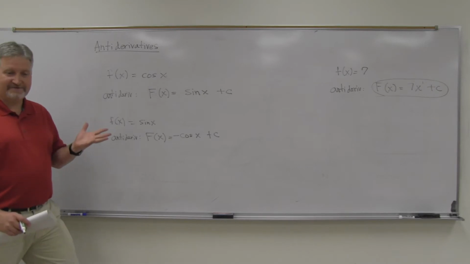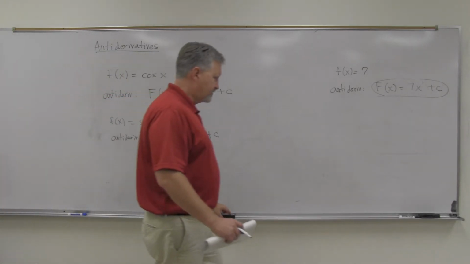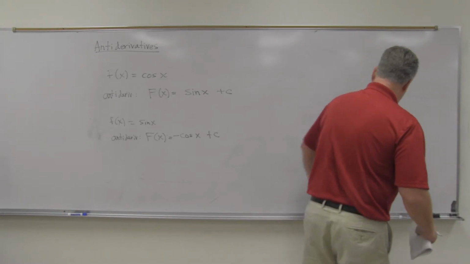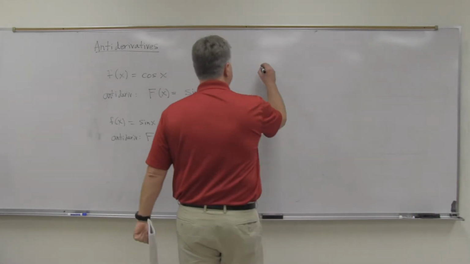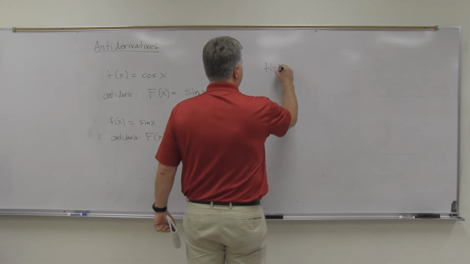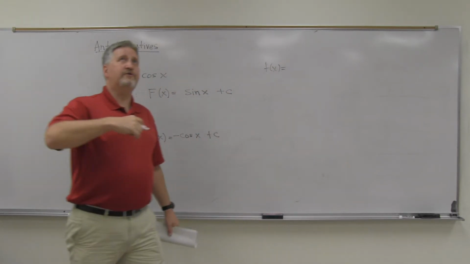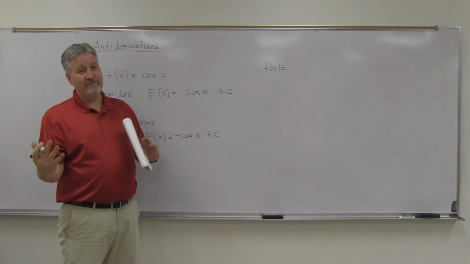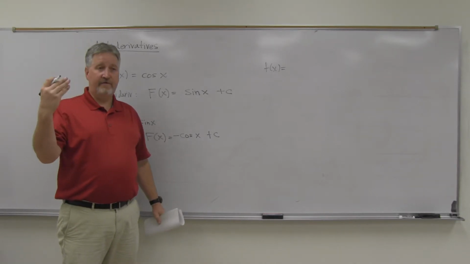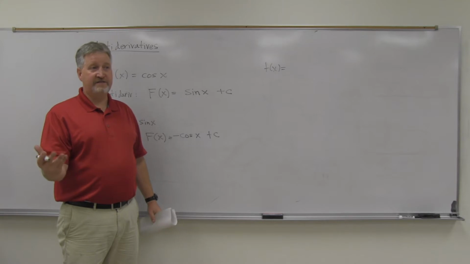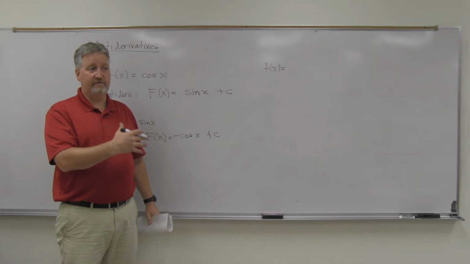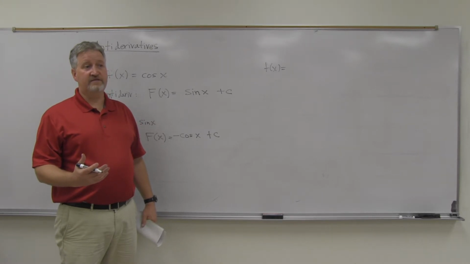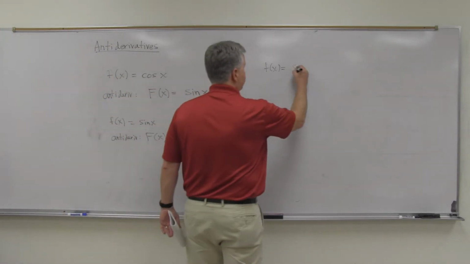Now, the others. It gets complicated. We can do antiderivatives of all of the trig functions, but we can't do them easily. Tangent, for example, doesn't have a nice, easy antiderivative, and I'll talk about that more in a second. What does have a nice, easy antiderivative is secant squared x.